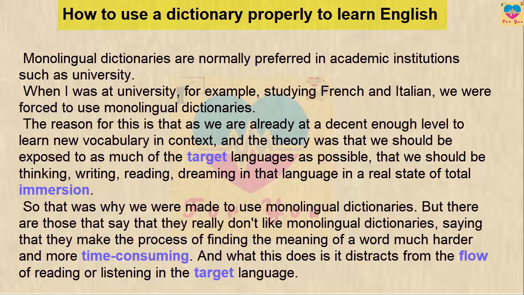But there are those that say that they really don't like monolingual dictionaries, saying that they make the process of finding the meaning of a word much harder and more time-consuming. And what this does is it distracts from the flow of reading or listening in the target language.